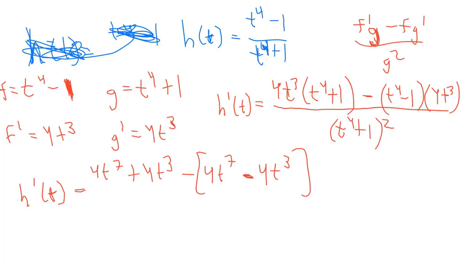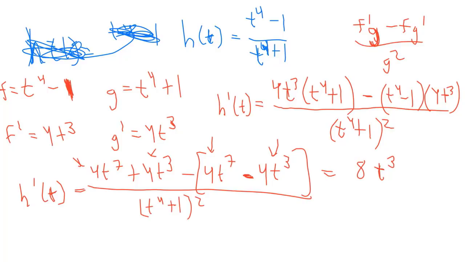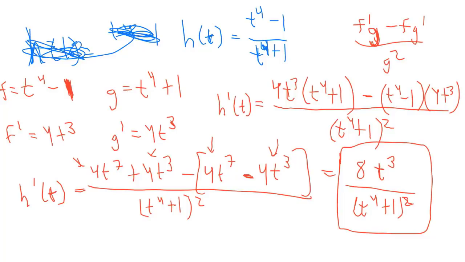Now, you might think that these two will cancel, but because this is minus and negative, it'll actually end up with 8t cubed on the numerator, because the t to the 7th actually will cancel. So you'll have 4t to the 7th minus 4t to the 7th. And so you get t to the 4th plus 1 squared on the denominator, and that carries on all the way to the end, and you end up with that. So that should be your final answer for that one.